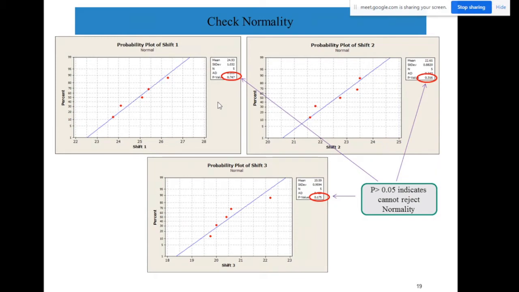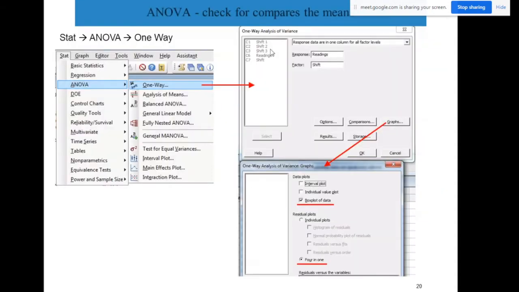Then we go to Stat, ANOVA, and One-Way ANOVA. Here we have a drop down option, so data can be in one column or in multiple columns. Here we select the response as readings and factor as shift. In the graphs, you have to click on the box plot of the data and 4-in-1 for the residual plot.